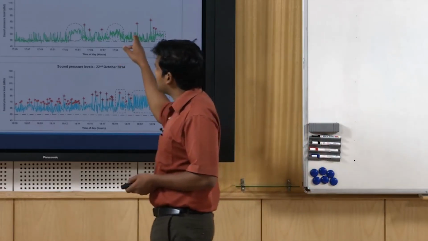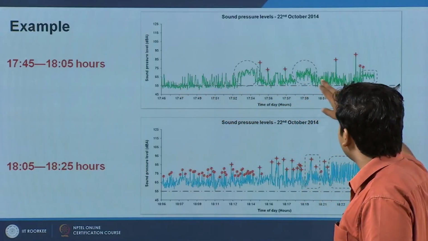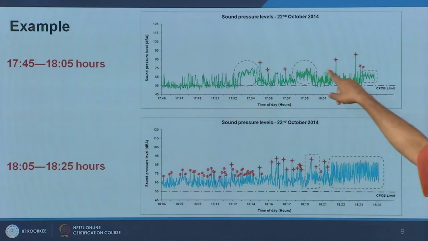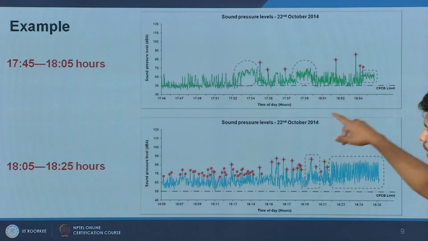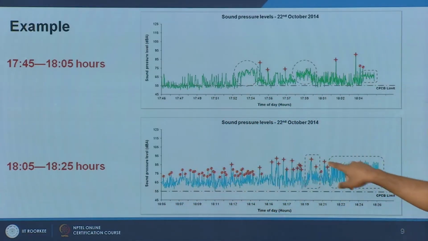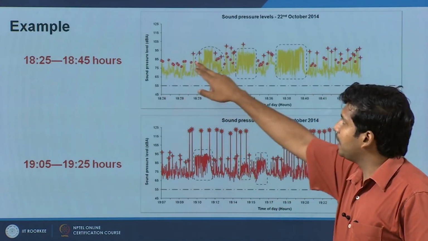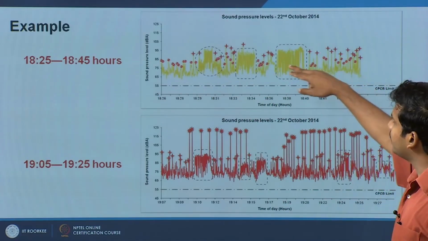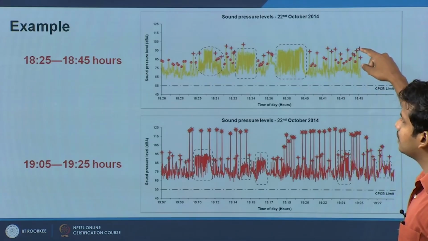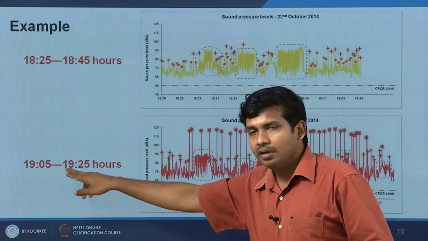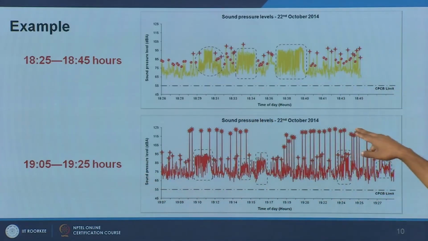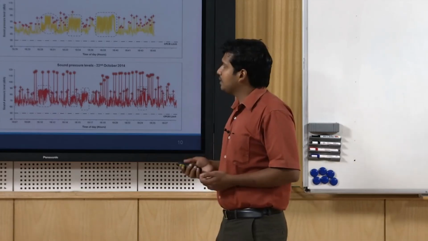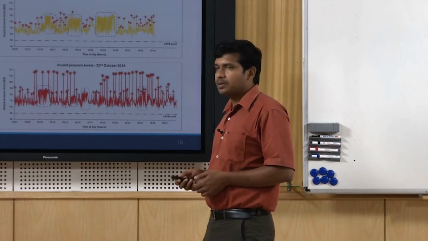In this case, there is a slight increase here, it has gone above the prescribed limit, and then it goes further up here. Here you are getting something close to 85 dB, and around 6:45 it is touching 95 dB. You are also getting continuous levels plus certain peak values. Around 7:30 you are getting sound levels as high as 120 dB. You are wondering what these numbers correspond to, which recording it is.